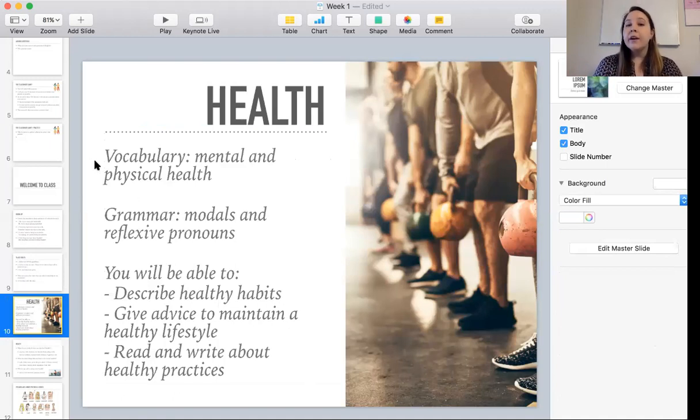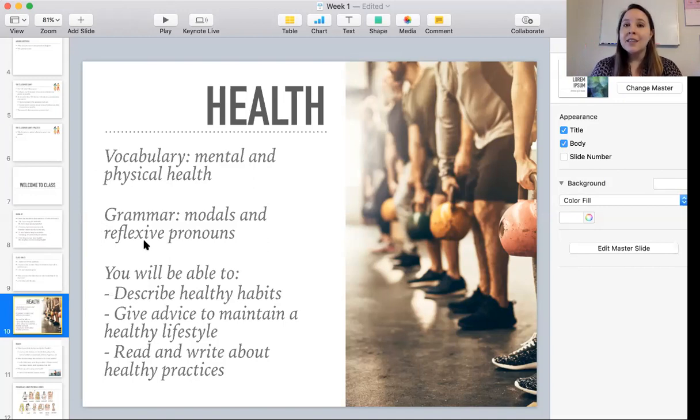For vocabulary, we're going to be talking about both mental, so your brain, and physical, for your body, both mental and physical health. Some of the grammar points that we're going to be working on are going to be modals. So those are words like have to, need to, must, ought to. So words that you use to give advice or to talk about things you need to do.